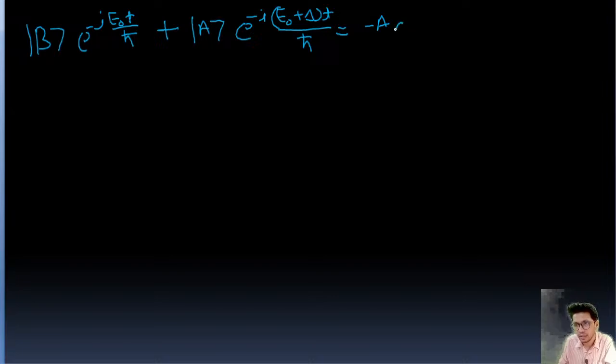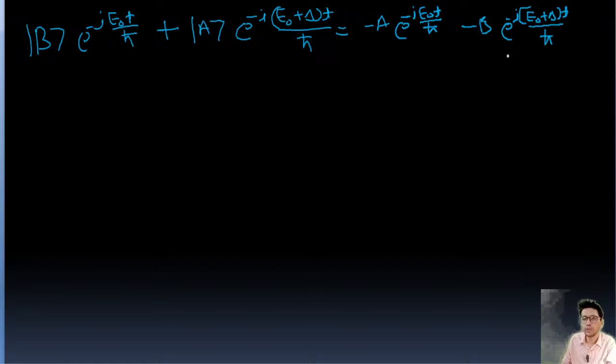Minus A e to the power minus iota E naught T upon H cut minus B e to the power minus iota E naught plus delta T upon H cut. Okay, so this is what it is going to be. Okay, this is an important step, right?